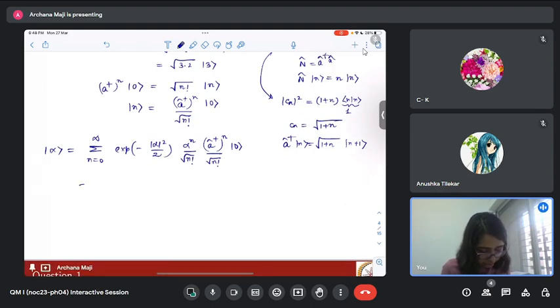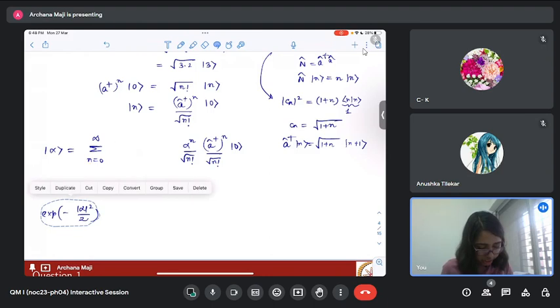It doesn't involve n, over which our summation runs, so we can take it outside the summation.